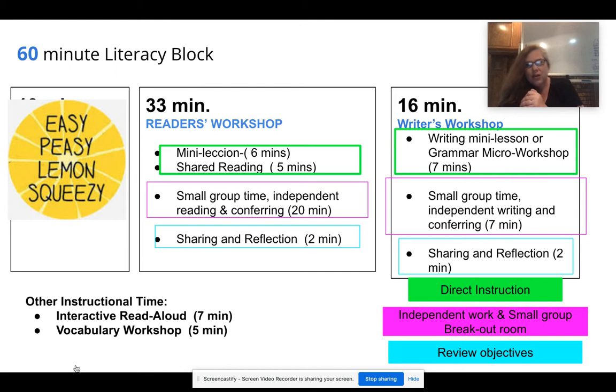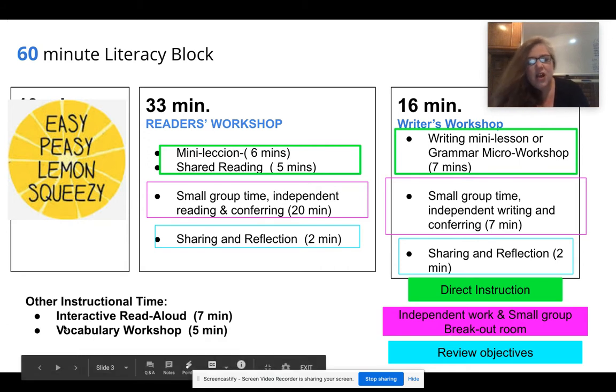So I'm not including that in my reading block. They suggest to do it maybe in a morning meeting or do it during science or social studies. So that would be a discussion that we would have to discuss. For this session, I'm just going to cut it out completely and not have it in my literacy block.